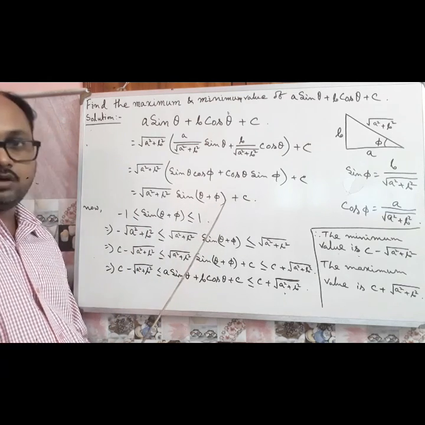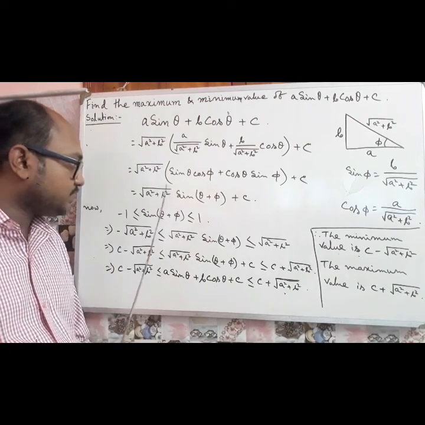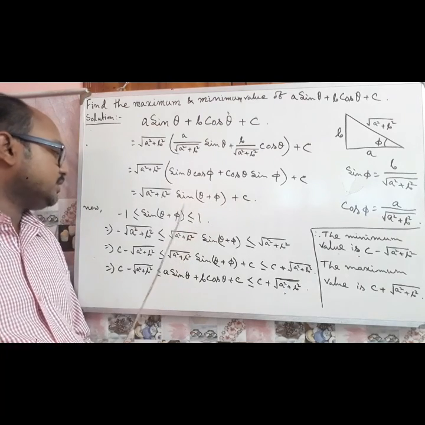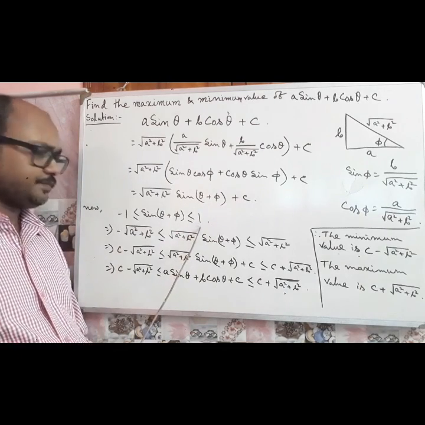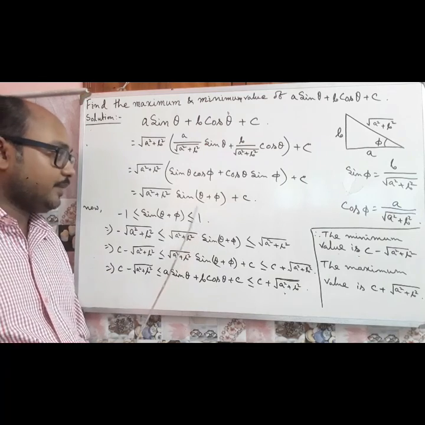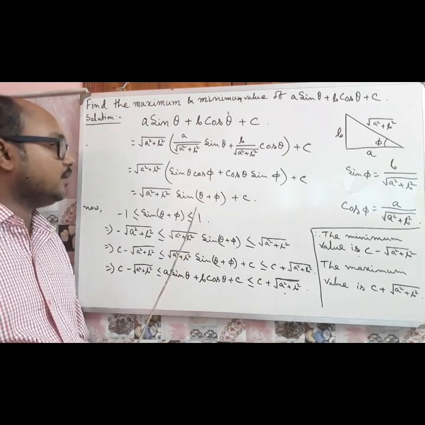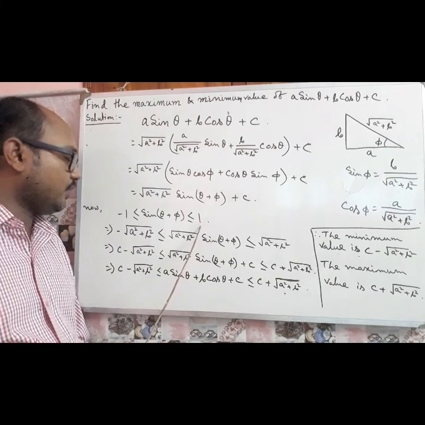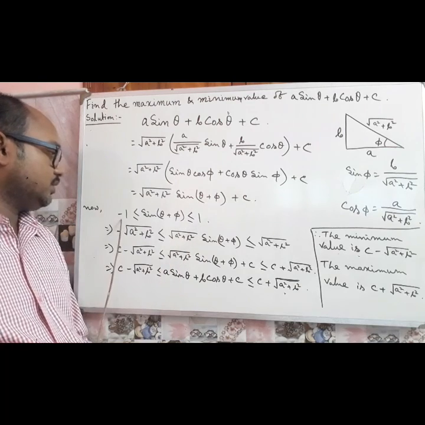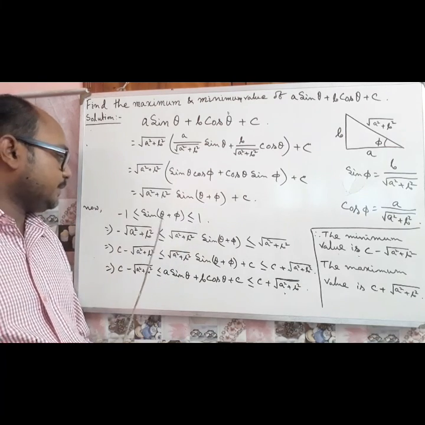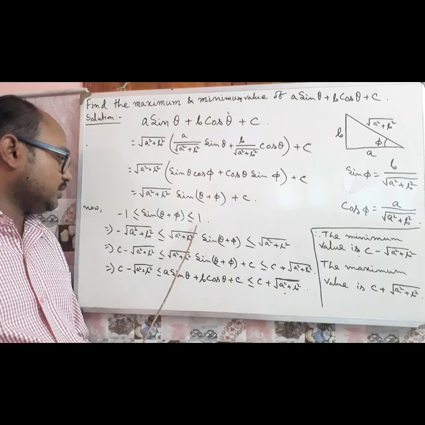Now you see, we know the maximum and minimum value of this sin(theta plus phi), that is minus 1 and 1. The maximum value of sin of any angle is 1, and the minimum value is minus 1. So sin(theta plus phi) is greater than or equal to minus 1 and less than or equal to 1.